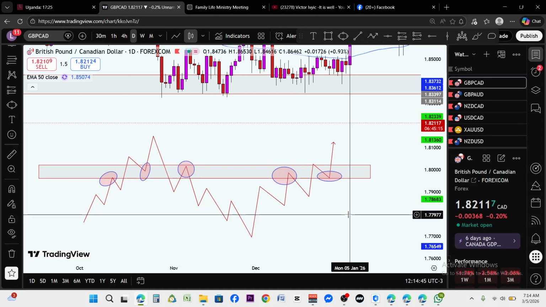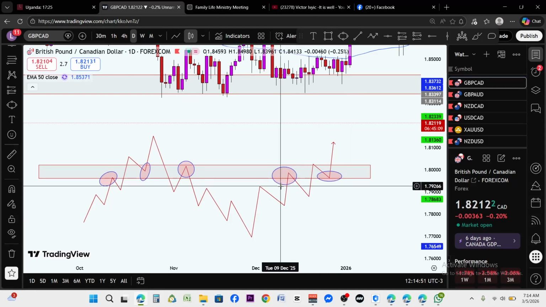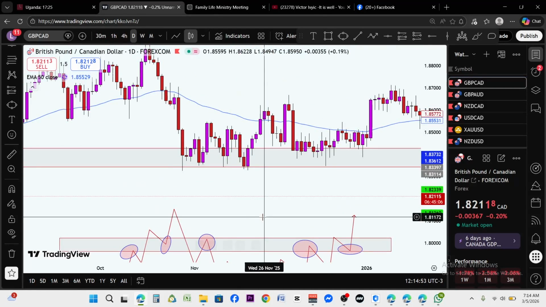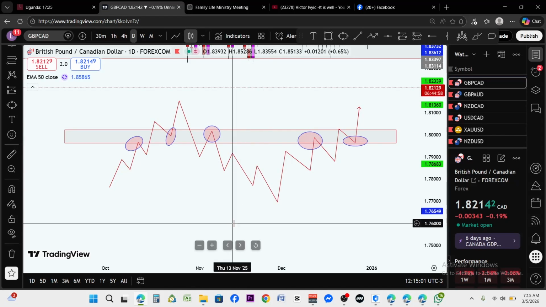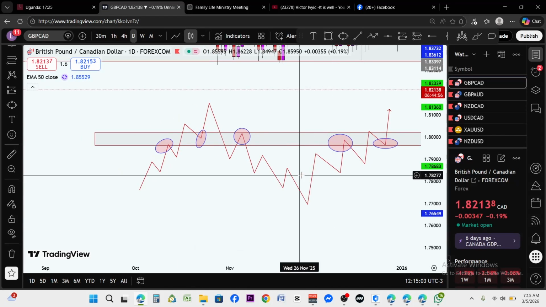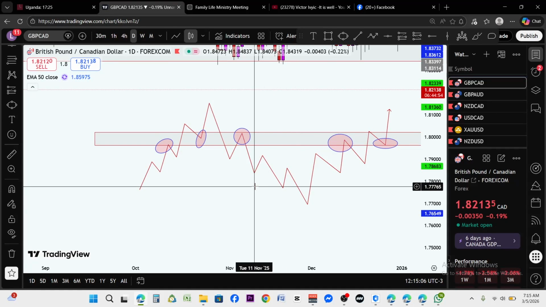It is not a single line, it is an area. Prices, which are these candlesticks you see here, remember zones because institutions operate at zones.